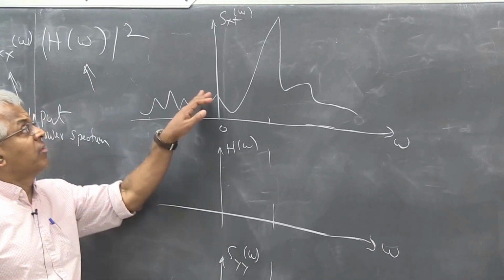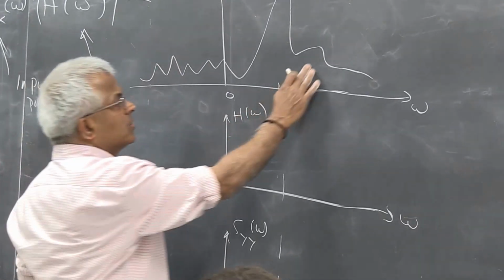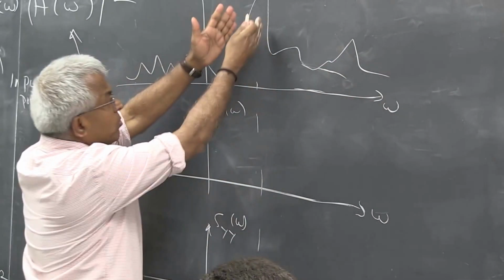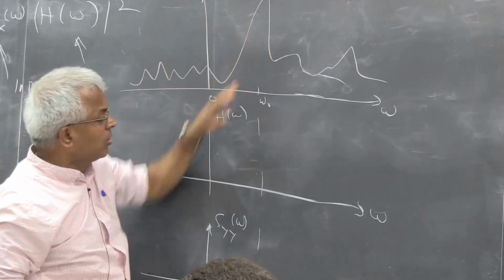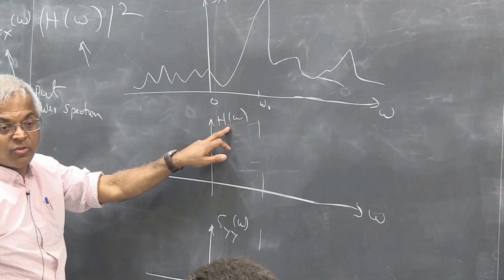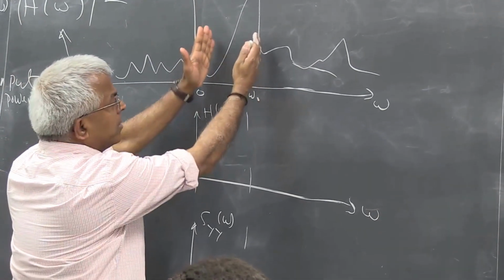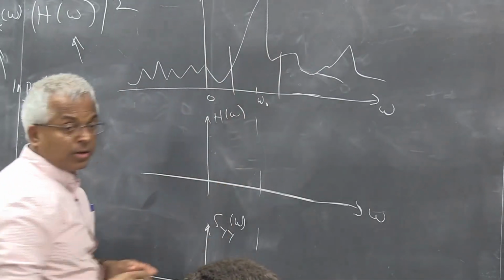So if you know that the Sxx omega has got all this shape, but you are interested to know whether there is something around omega naught, what should be the shape of h of omega? Suppose this is the band you are interested in.